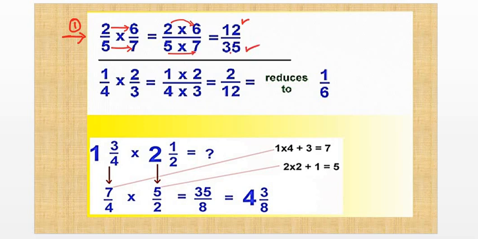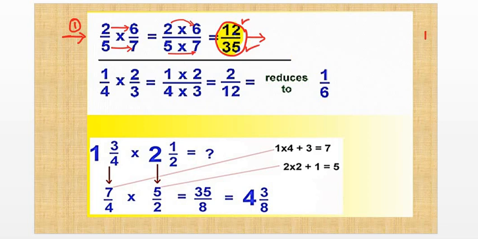When I look at this answer, I have to think about any number that could divide 12 and 35. I couldn't find any, except that only 1 can divide 12 and 35. This shows that this fraction is already in the simplest form, so this is our final answer.